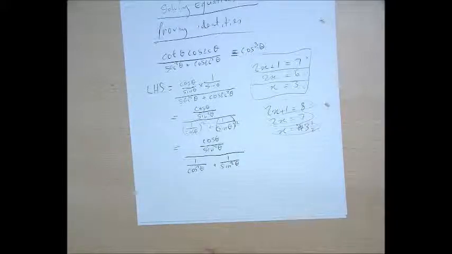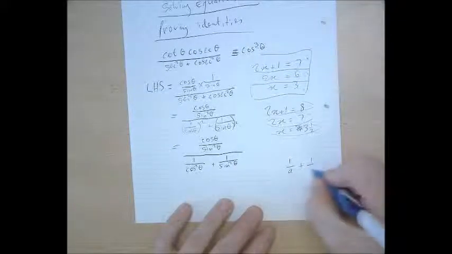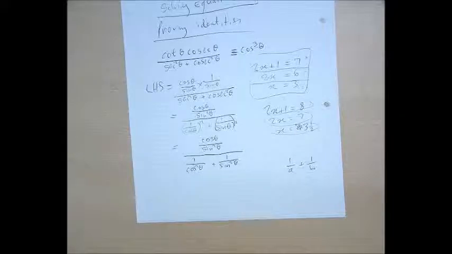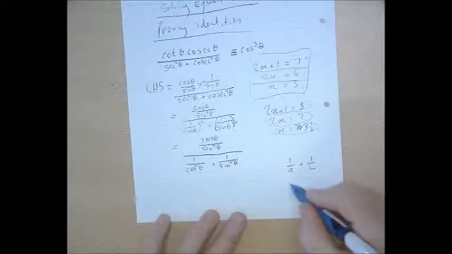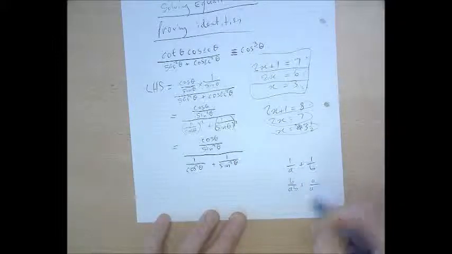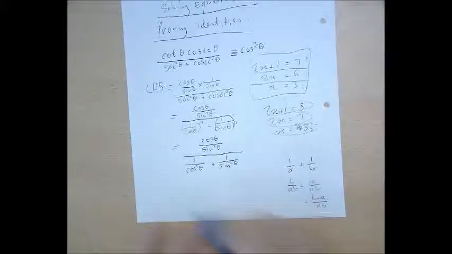We just got to muck around with it like it's algebra. Back in the day, you know, 1 over a plus 1 over b. What'd you do with it? You just added them, right? You made a common denominator. Yeah, so the common denominator would have been an a plus b, yeah? So it would have become b over ab plus a over ab equals b plus a over ab. These are more complicated than those, but there's no reason why we can't do it.